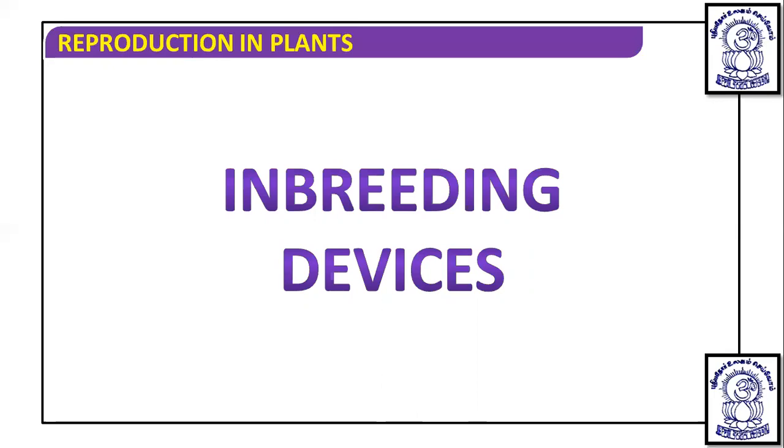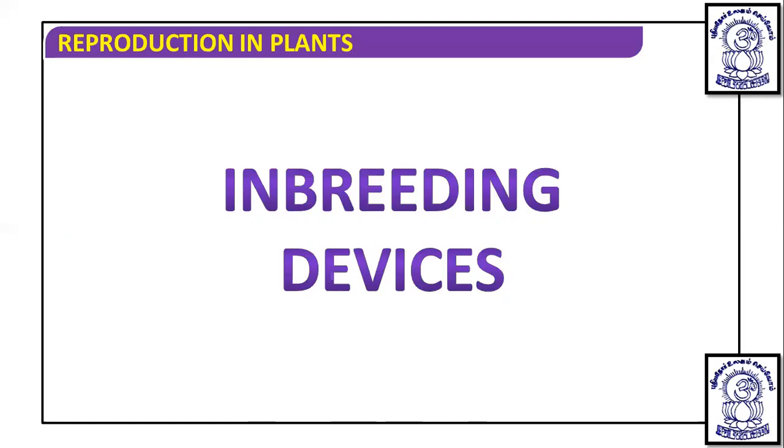We will discuss which factors and which type of adaptation promote or favor self-pollination, and which discourage self-pollination and encourage cross-pollination.